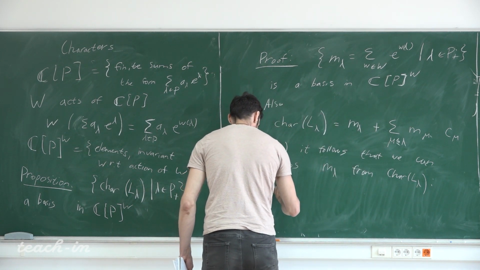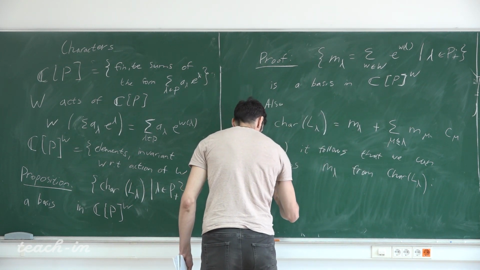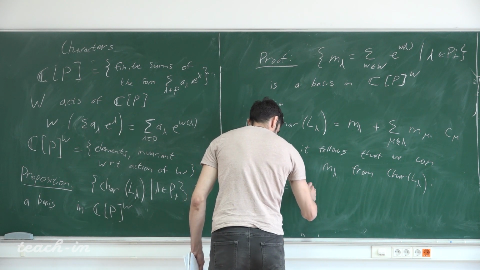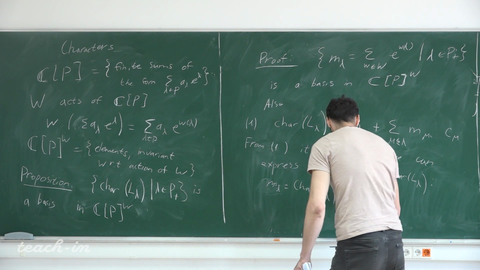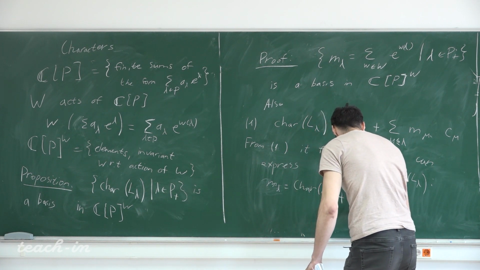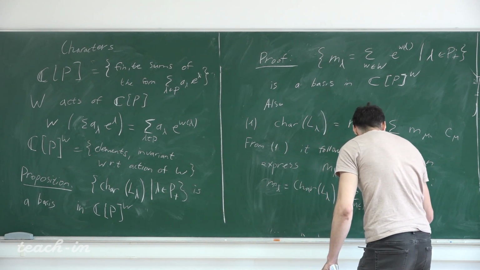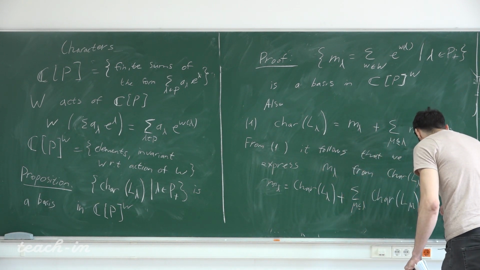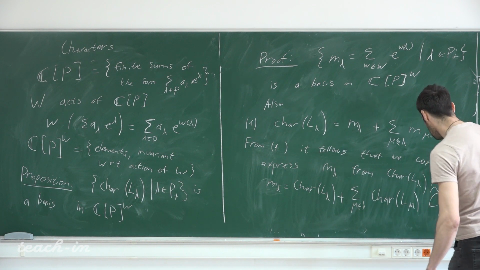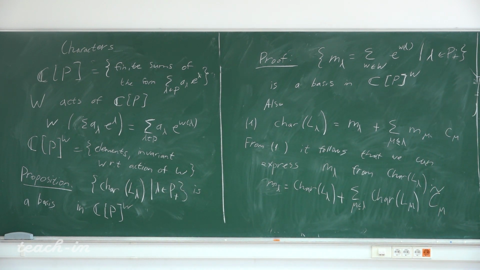So you have m lambda is the character of L lambda plus the sum over mu less than lambda of characters of L mu times some coefficients c mu tilde. So that's the statement.